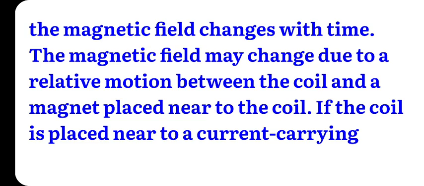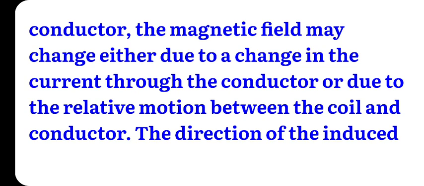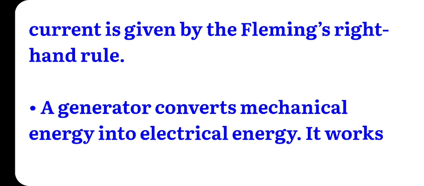If the coil is placed near a current carrying conductor, the magnetic field may change either due to a change in the current through the conductor or due to the relative motion between the coil and the conductor. The direction of the induced current is given by Fleming's right hand rule.